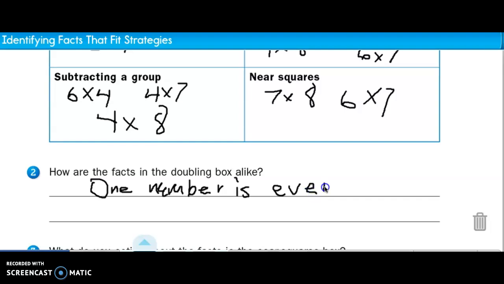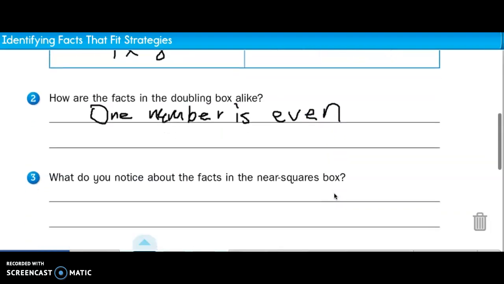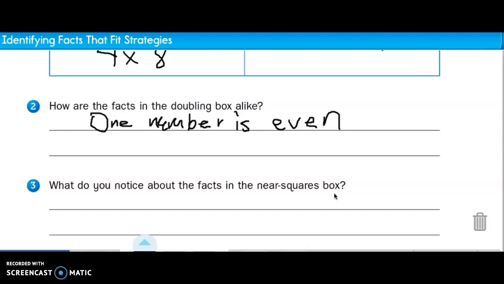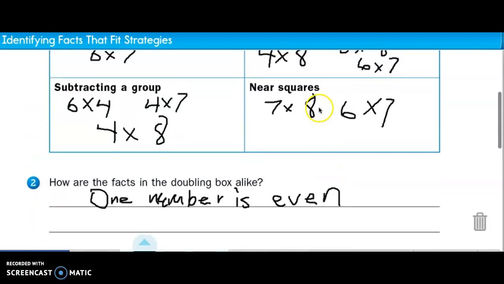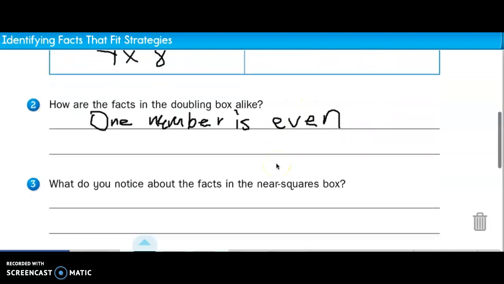Okay, now we're going to look at, what do you notice about the facts in the near squares box? See this near squares box? What do you notice about these? Do you notice that they're close together? Like it's not 7 times 9 or 7 times 3. It's not 6 times 2 or 6 times 3. These numbers are close together. 7 and 8 are right next to each other. 6 and 7 are right next to each other.